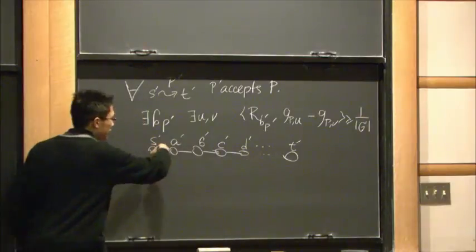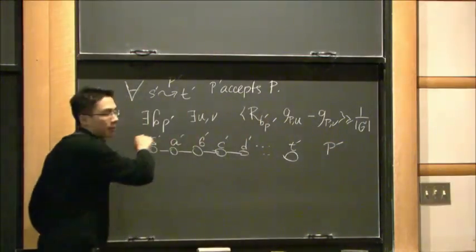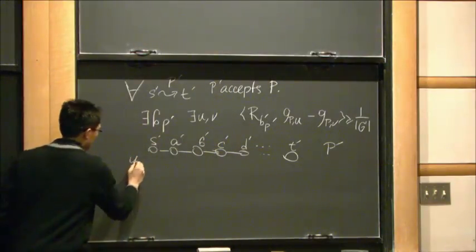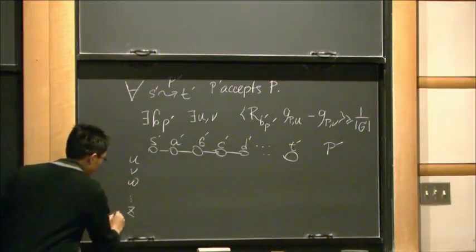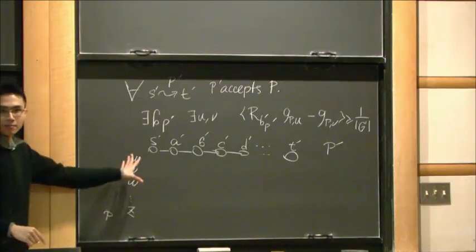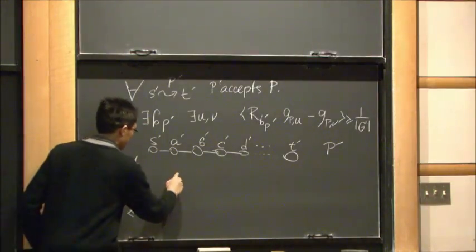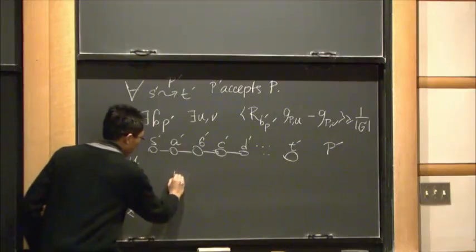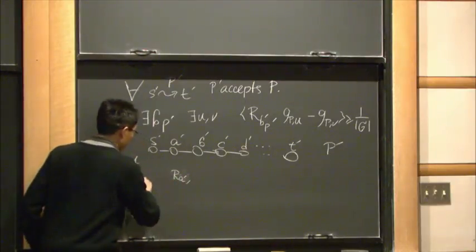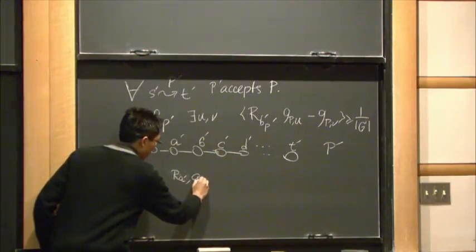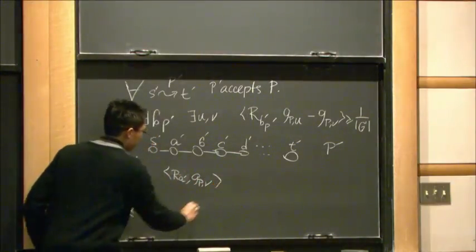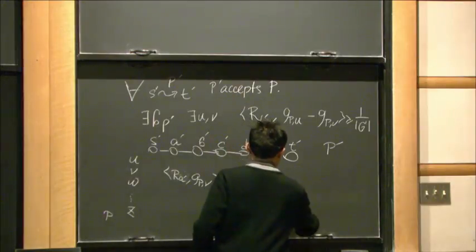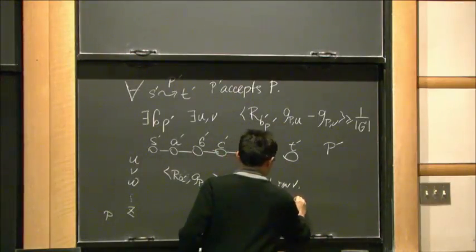The columns are indexed by vertices on the accepting path P prime that accepts the clique P. The rows are labeled by the vertices in the clique P. The entry of the table at row V and column A prime will be the reachability table at the node A prime inner product with the vector V.